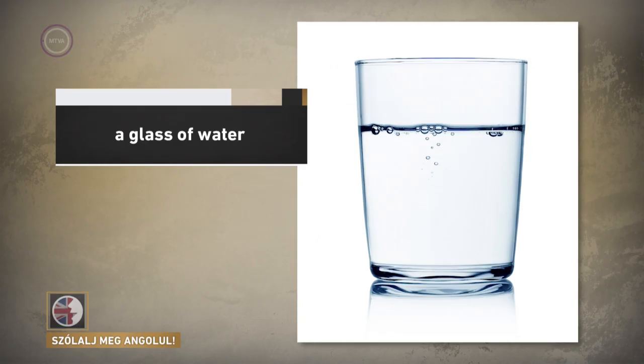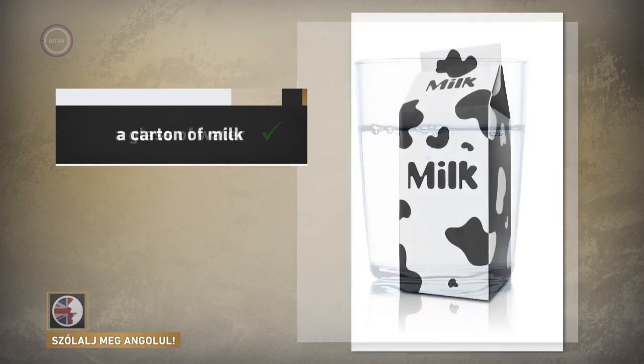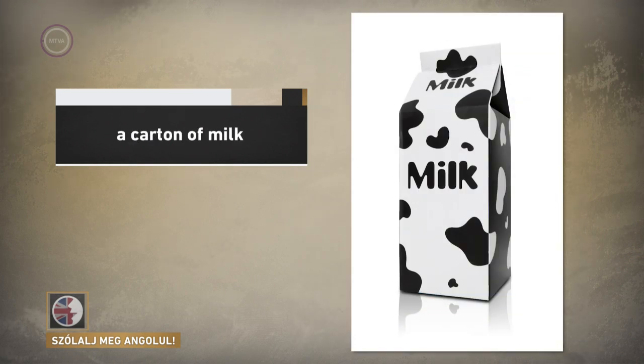If we pour water into a glass, then we get a glass of water. If we go to the supermarket and buy milk in a carton, it's a carton of milk. Okay, so I hope that we're all clear on using the indefinite article. Good.